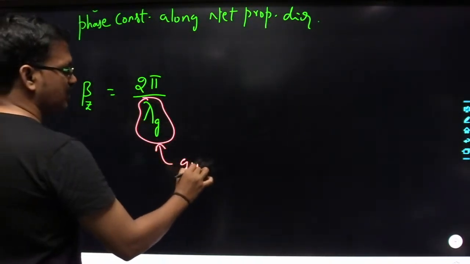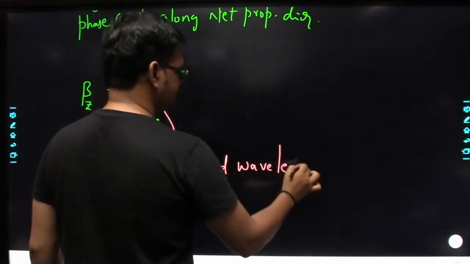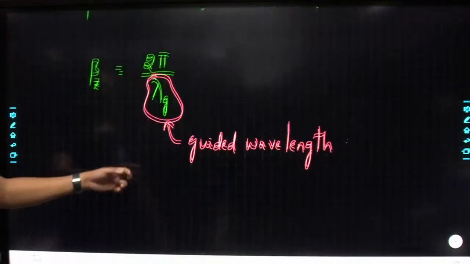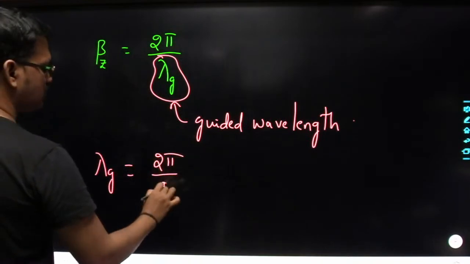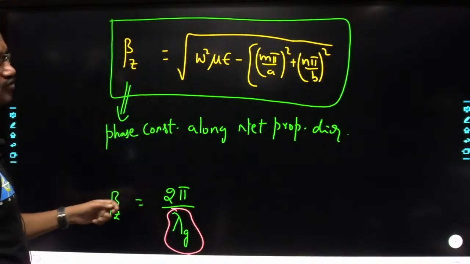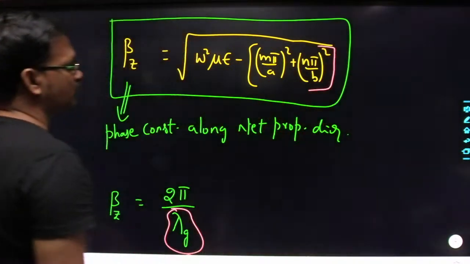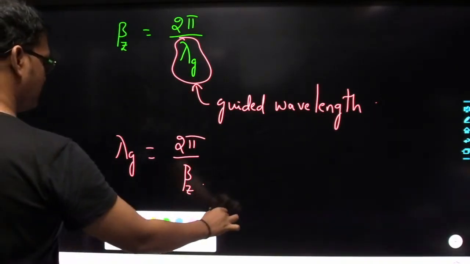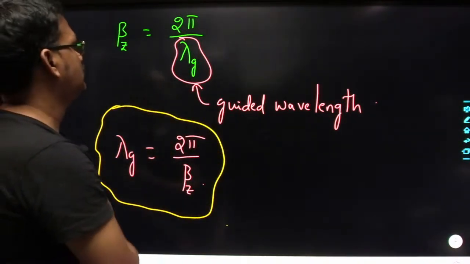So lambda g is equivalent to 2 pi by beta z, where beta z is the square root of omega square mu epsilon minus m pi by a whole square plus n pi by b whole square, right? So this is the expression for the guided wavelength along the net propagation direction.